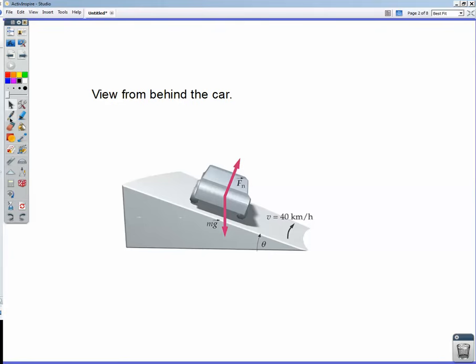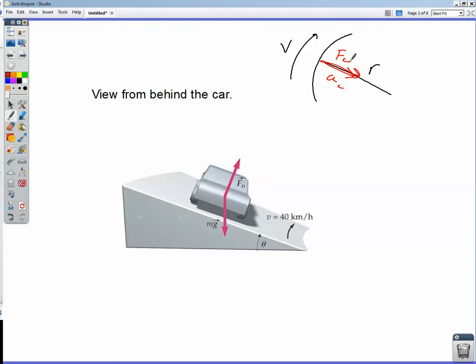So if we were to draw it from above, the car is going around this curve like this, and it's got some effective radius r traveling around the curve with some velocity. And if that's the case, we must have a centripetal acceleration going in towards the center of the curve, a sub c, which also means that we've got a centripetal force going in the same direction, F sub c.